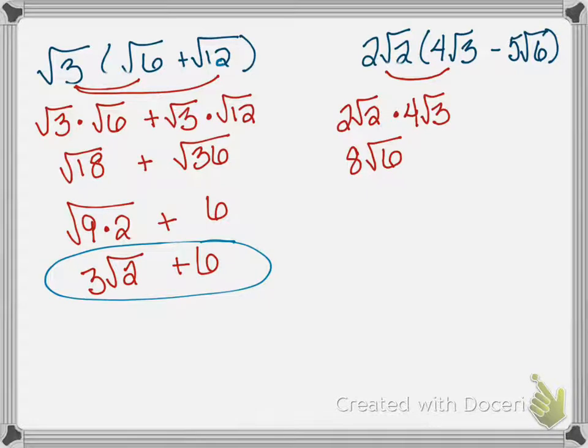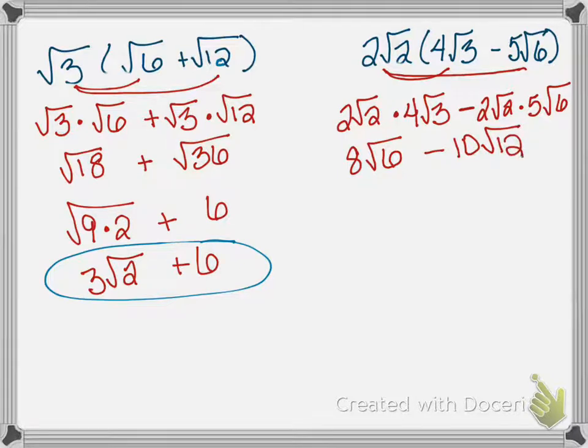Okay, then I've got 2 on the square root of 2. Do you see that minus sign there? Be careful with that minus sign. So I have 2 on the square root of 2 times 5 on the square root of 6. That leaves me with 10 on the square root of 12.